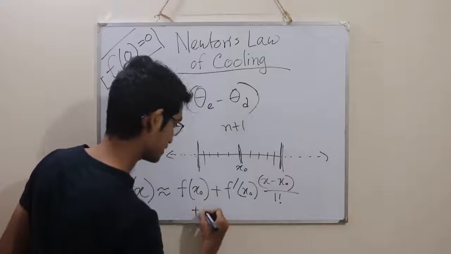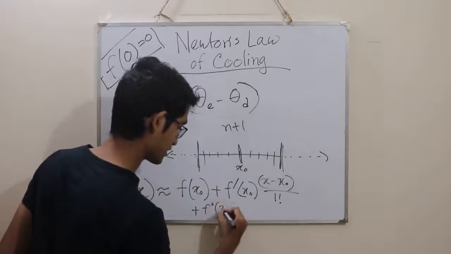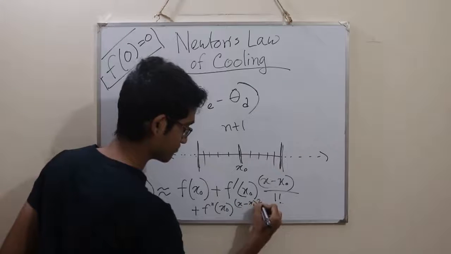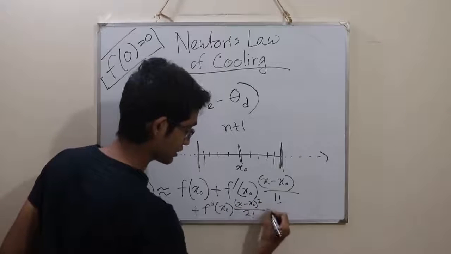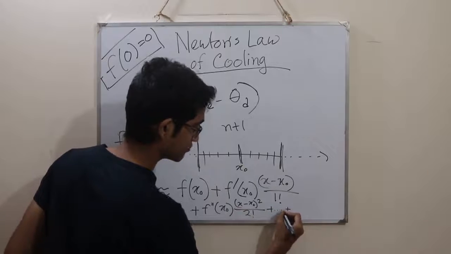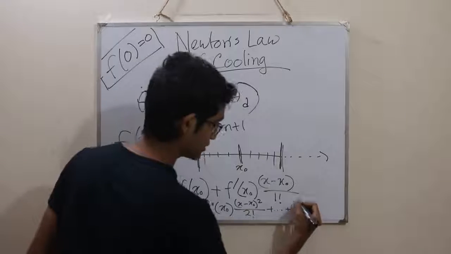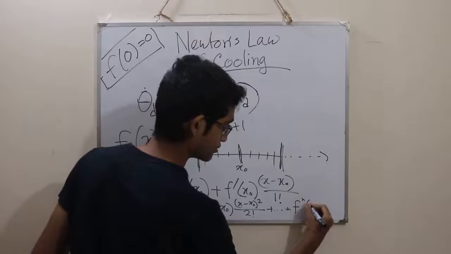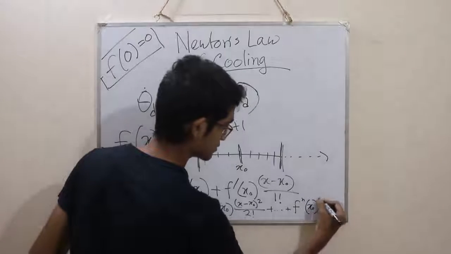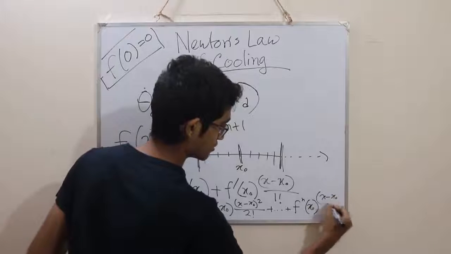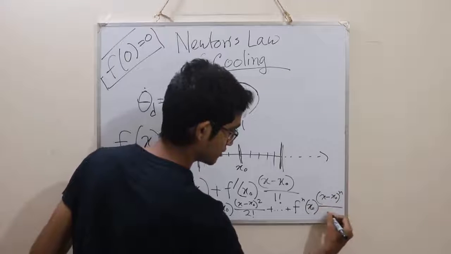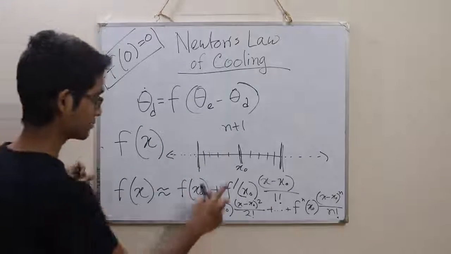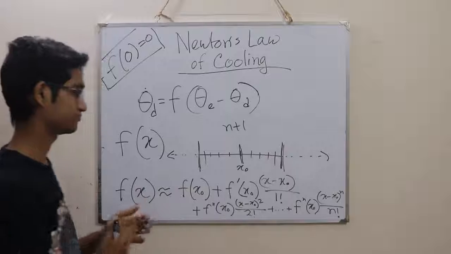Then the next term will be f double prime of x naught times x minus x naught whole squared divided by 2 factorial. And this will go on and on until we reach the nth term, f^n at x naught times x minus x naught to the power n divided by n factorial. This is the approximate representation that we get from Taylor expansion.